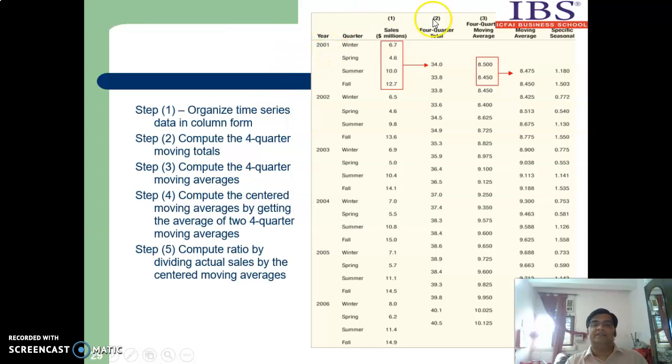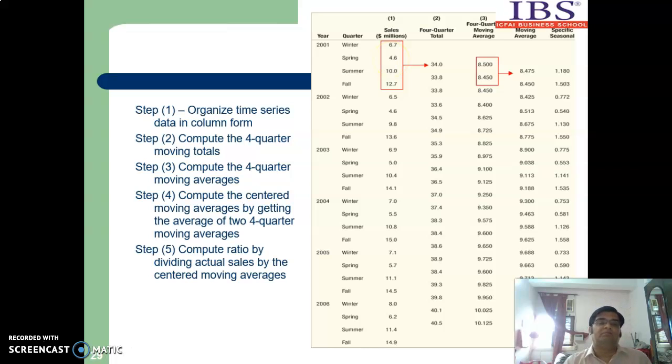In the year 2001 the quarterly winter sales is 6.7, in the spring the sales is 4.6, in the summer it is 10, and so on. So we have written our data from the tabular form into this column form. That is our step 1.